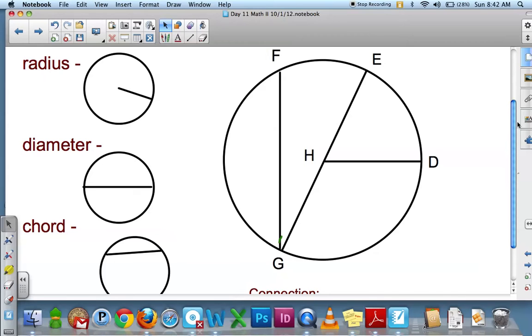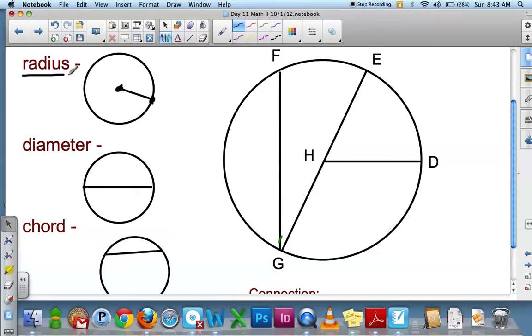So here you've got your radius. Radius just means that we're starting from the inside of the circle and then going out to one of the points on the circle. So there's infinitely many radii, that's the plural for radius.